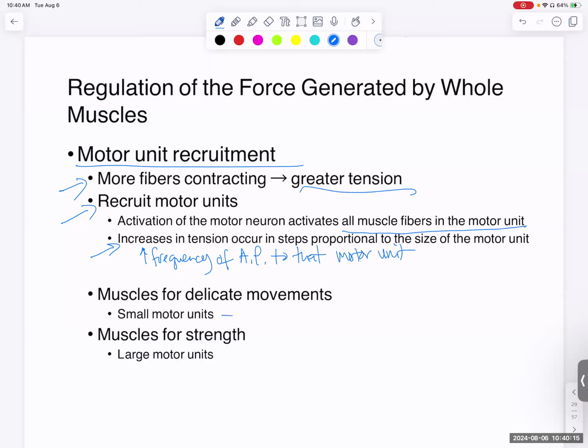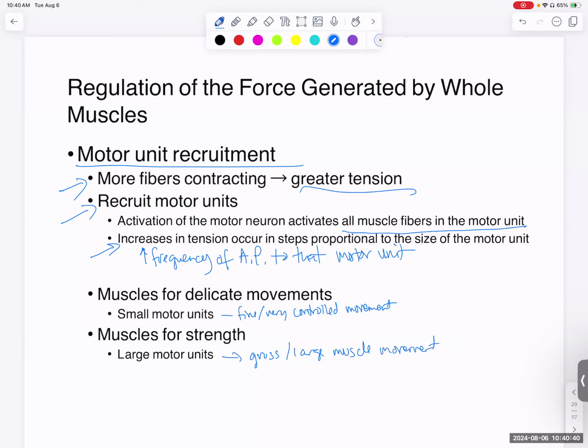Again, small motor units are for fine, very controlled movements. So we're going to have small motor units exclusively in areas where we really want to control the amount of force. Large motor units are going to be for gross, large muscle movements.